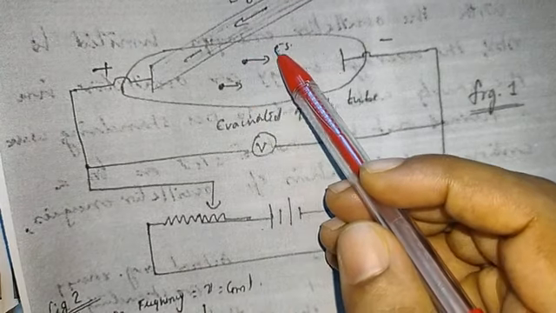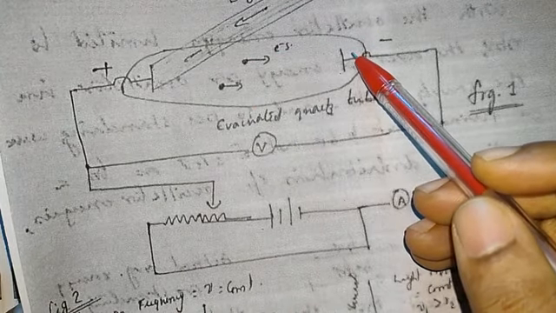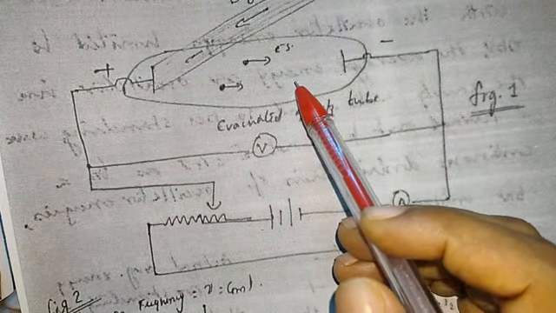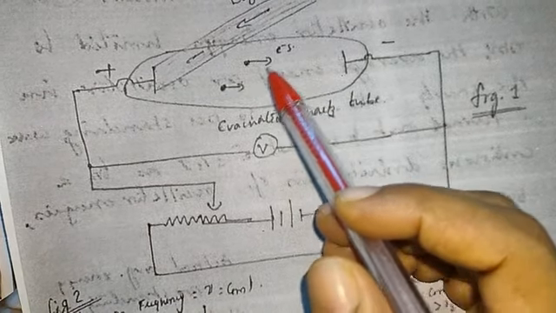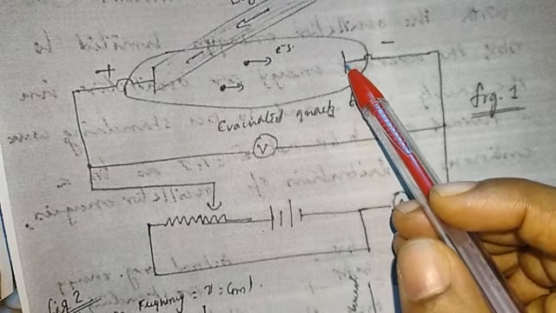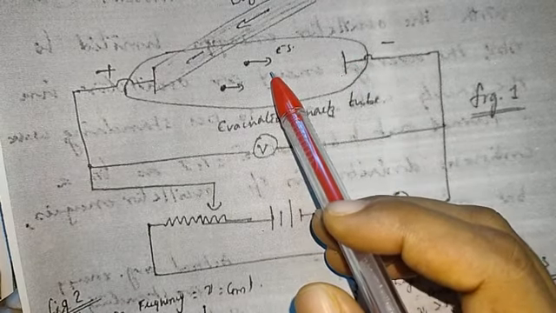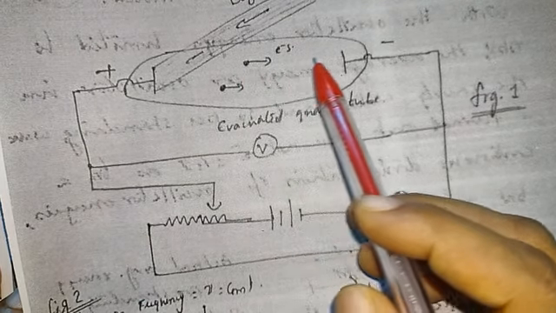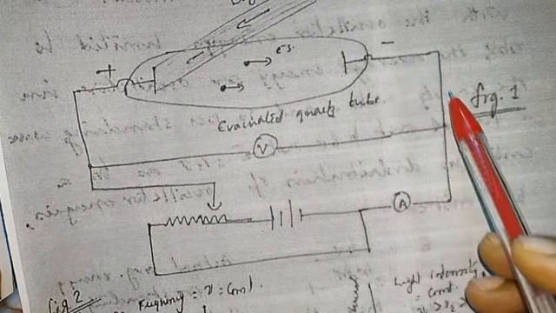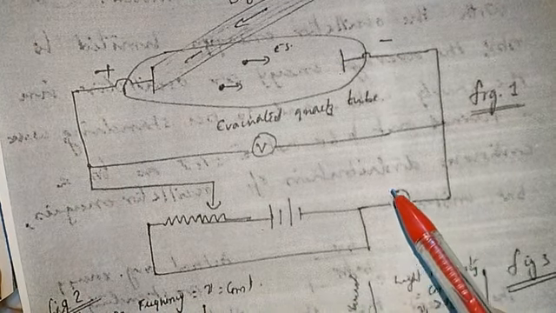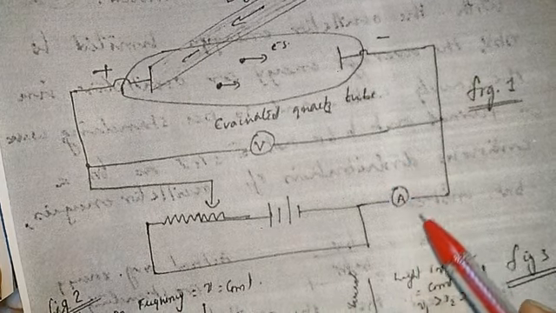The electrons are negative and the cathode has negative polarity, so by nature they repel each other. But some of the electrons overcome this repulsion and flow in the circuit, which contributes a current that we can measure using the ammeter.